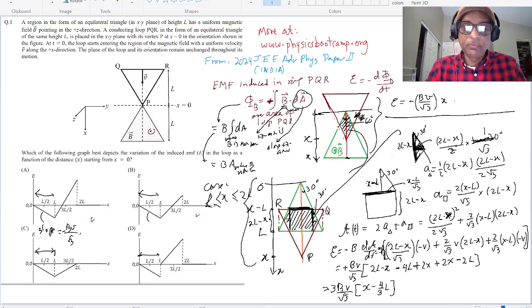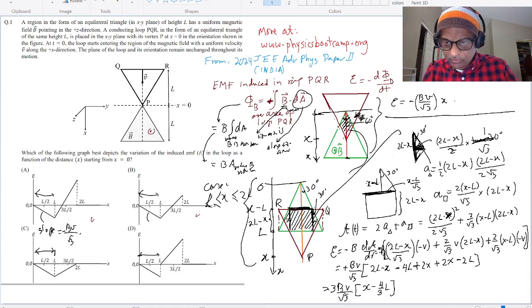Okay, so I went ahead and simplified it. These are the same coming from these two terms. This one gives you this, and then the differentiation of this gives you that, and differentiation of that gives you that.